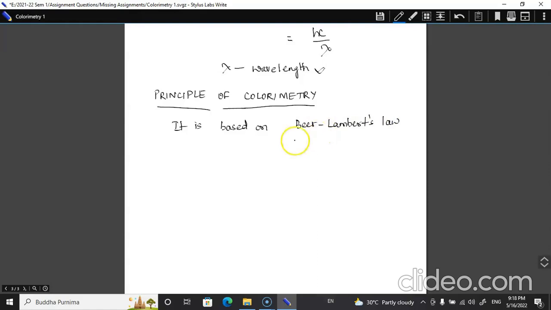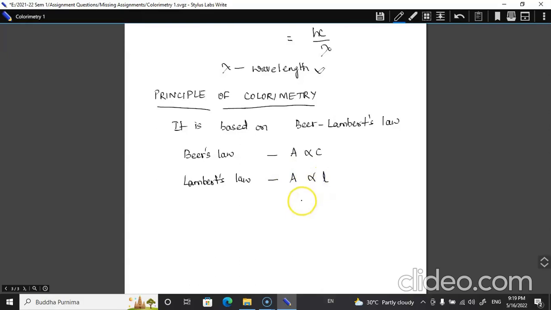Beer-Lambert's law is a combination of two laws: one is Beer's law and another is Lambert's law. Beer's law states that absorbance is proportional to concentration, that is C, and Lambert's law states that absorbance is proportional to path length.